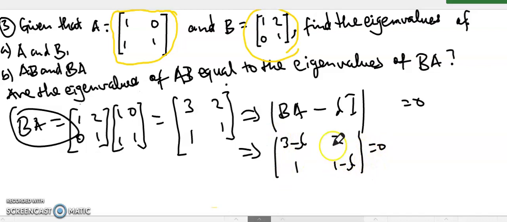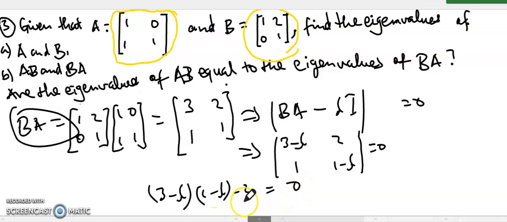So solving, we will simply have 3 minus lambda times 1 minus lambda, and then minus 2 times 1, which is minus 2, and this will be equal to 0.